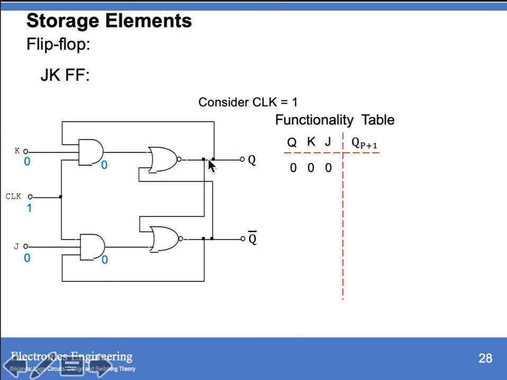So this is 0, NOR with 0, it is equal to 1. 1 NOR with 0 is also equal to 0. Then, if we have K as 0 and 1 for your J, you have an output of 1 in your second AND gate and 0 in your first AND gate.